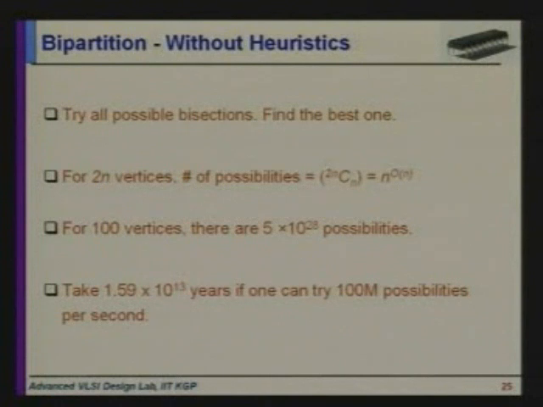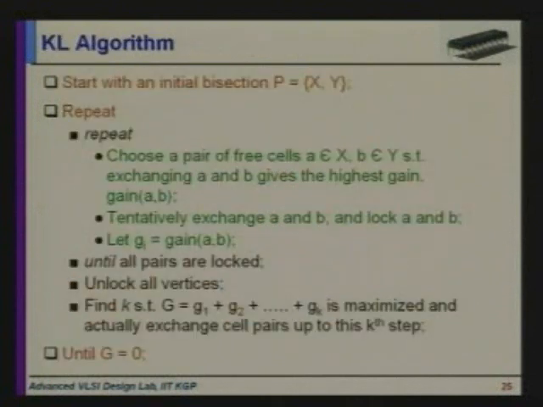So, for 100 vertices there will be 5 into 10 to the power 28 possibilities, and even if we can go through 100 million possibilities per second, it would take 1.59 into 10 to the power 13 years. So, this is the level of complexity of the partitioning problem, right. So, hence we need heuristics.